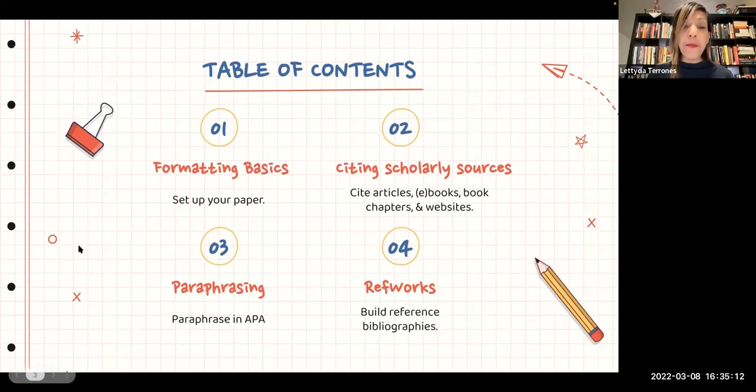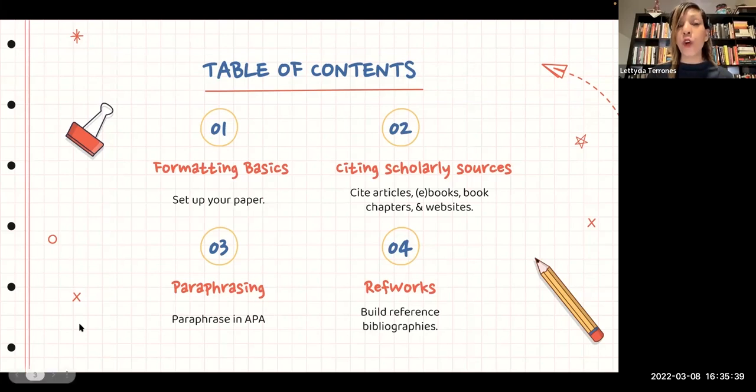Keep in mind that this is an introduction to APA citation. You might have very specific questions about how to cite a specific type of resource. Maybe we might not cover it here. So the best thing to do would be to reach out to me or Jayati, and also to seek out the resources that we list here in the slides so you can find the answer to your specific question.